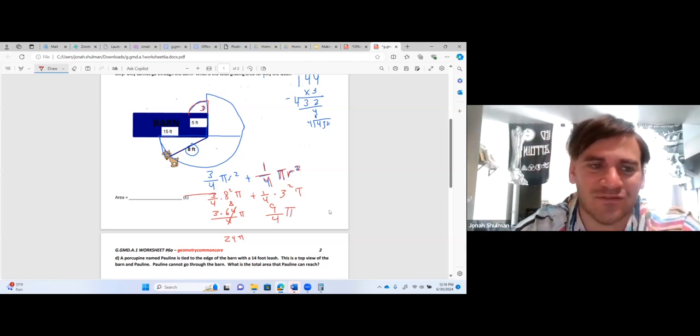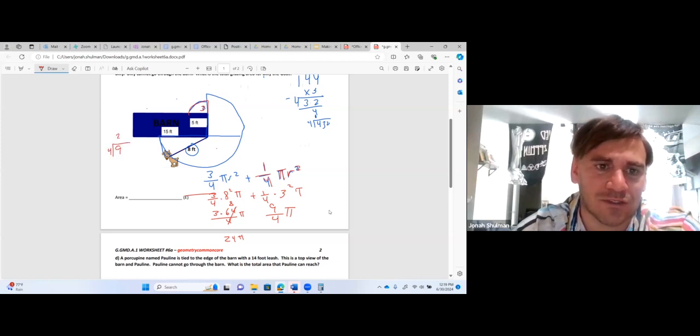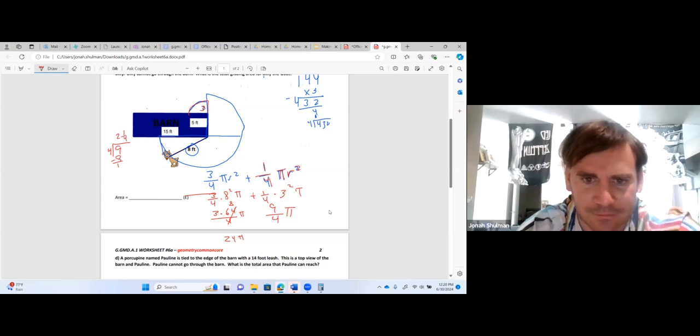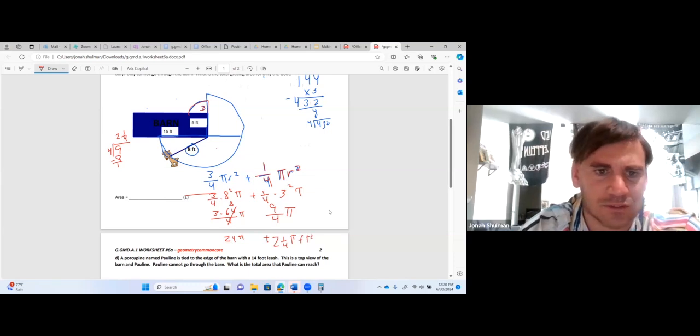So I can take this 9/4 and divide it. 9's in the house, 4 is outside, so that's 2 and 1/4. 24 pi plus 2 and 1/4 pi feet squared. So what is this? 26 and 1/4 or 26.25 pi feet squared. Either way you want to write it, we got the right answer.